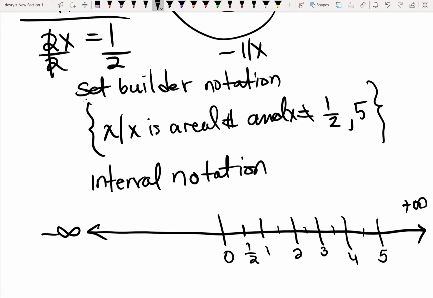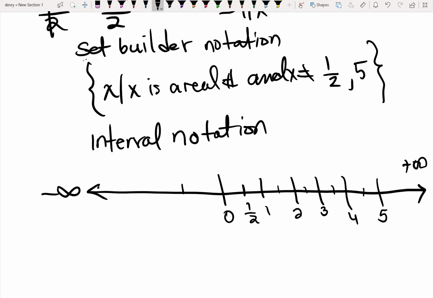So if you look at this side being the negatives, here's negative 1, I'm just skipping the halves, negative 2, negative 3, and so on.